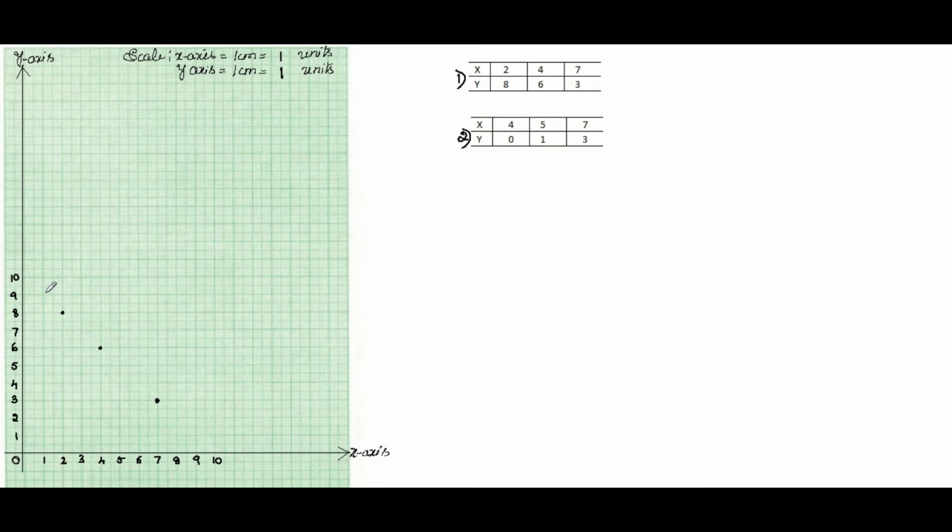We need to join the points carefully so that the line touches the points. So this first point is (2, 8), the second point is (4, 6), and the third point is (7, 3).